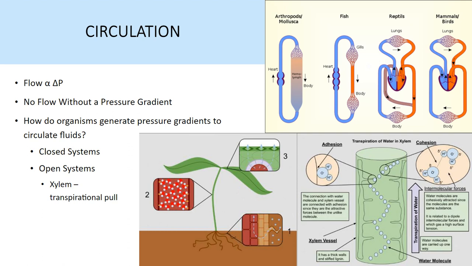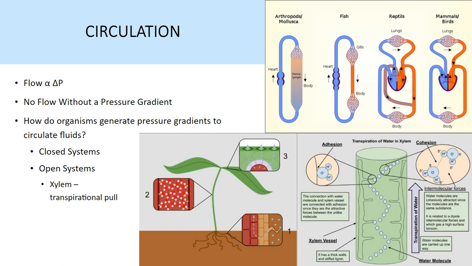Through a combination of cohesion, which is the attraction of water molecules to one another, and adhesion, the attraction of water molecules to the wall of the xylem, the tube containing the water, the entire chain of water molecules lined up in the xylem is pulled upward from the roots, as shown in the figure at the lower right.